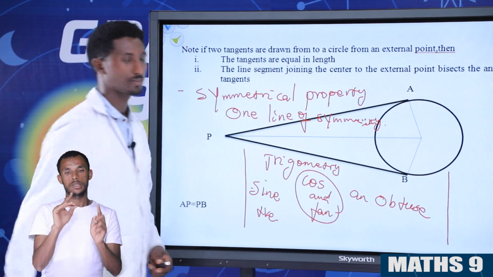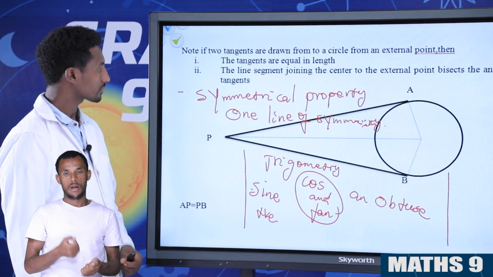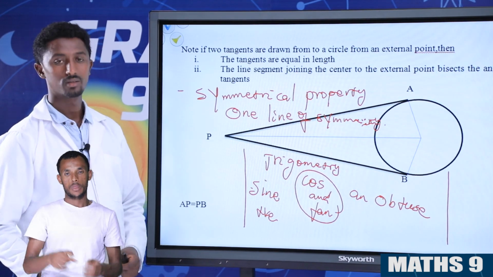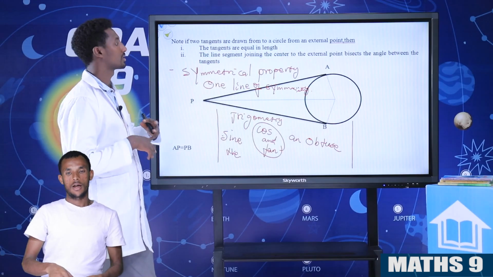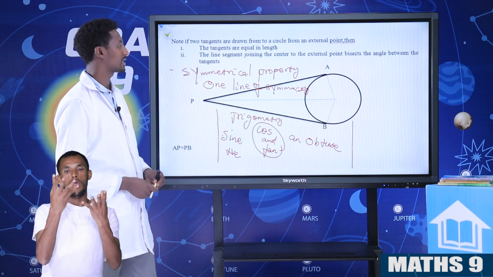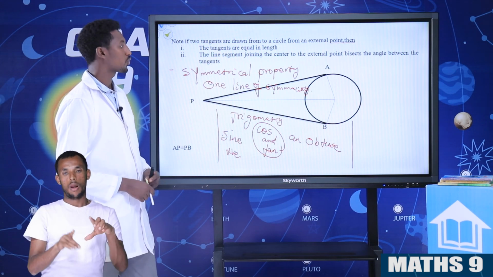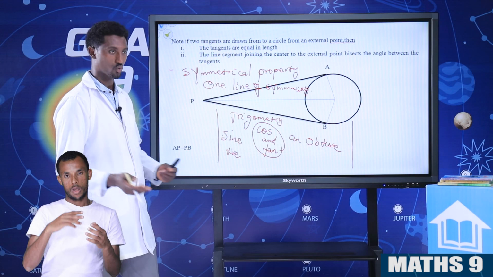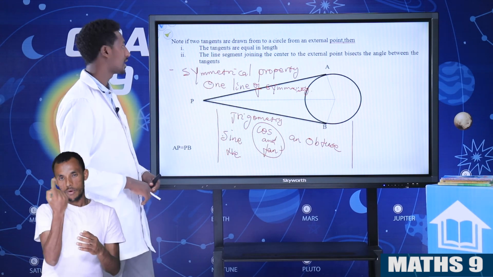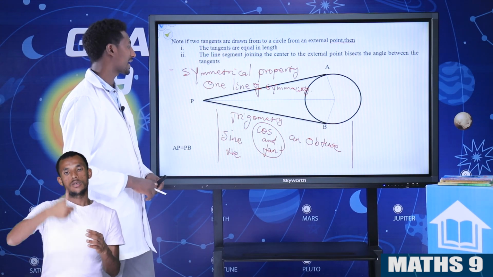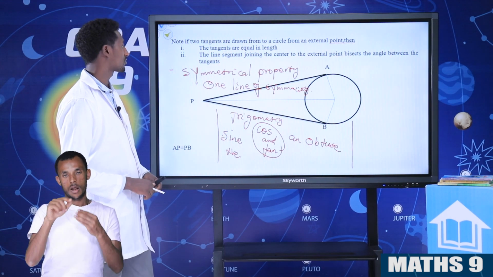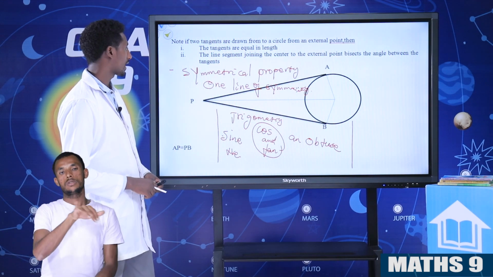But since a circle has infinitely many diameters, if we fold along every diameter, one half coincides with the other half. So a circle has infinitely many lines of symmetry.